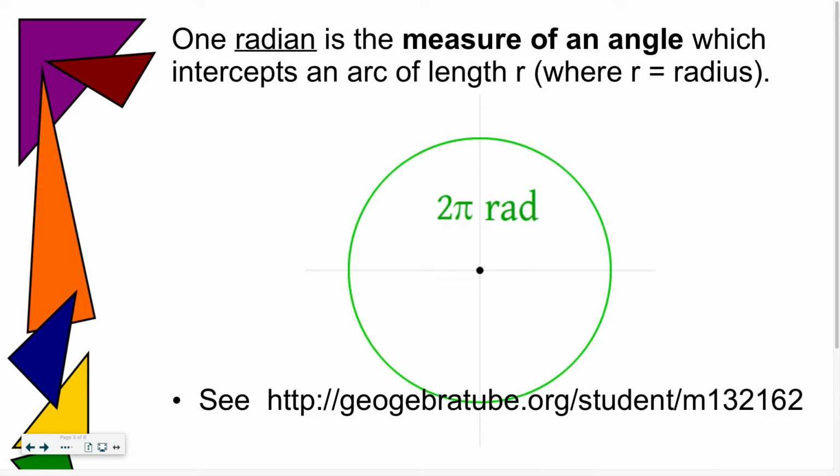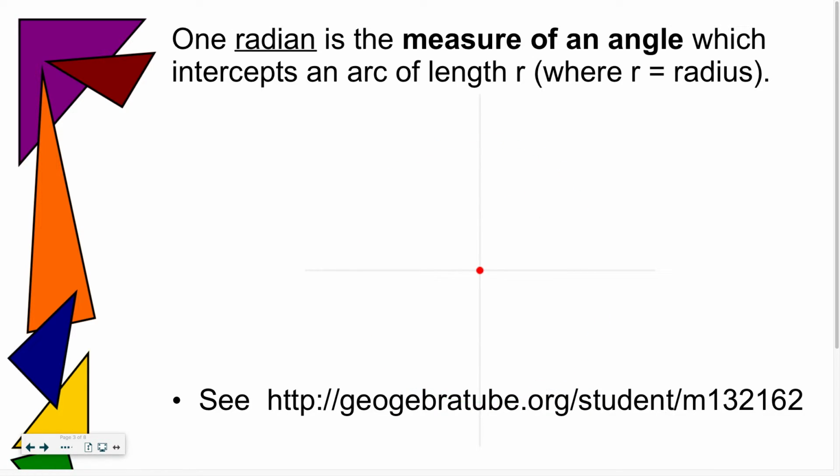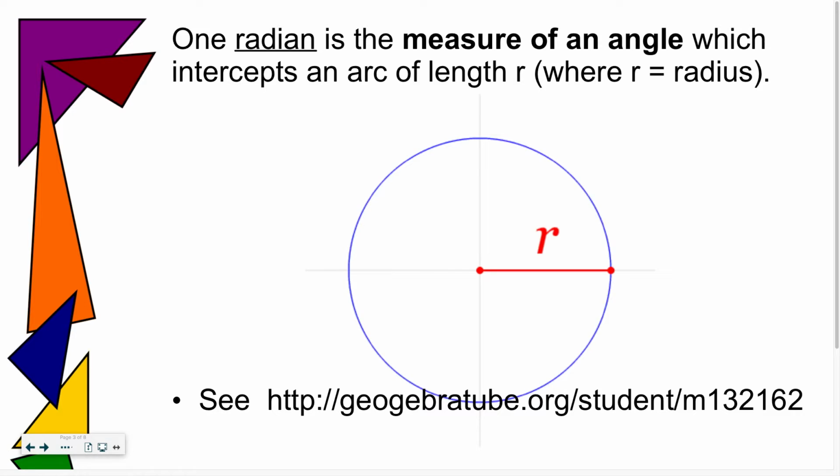There is an animation that goes along with this, so this is going to restart here in just a second. So it's going to draw a circle any size radius. Okay, it doesn't matter what the radius is. You could go home and do this with a paper plate if you wanted to. Okay, take that radius, bend it to the outer edge of the circle. There's 1 radian, that angle that intercepts that arc.